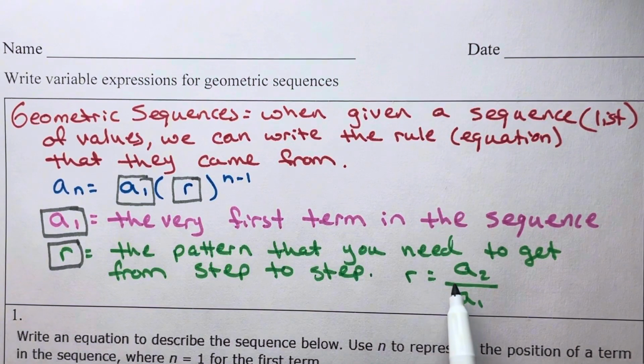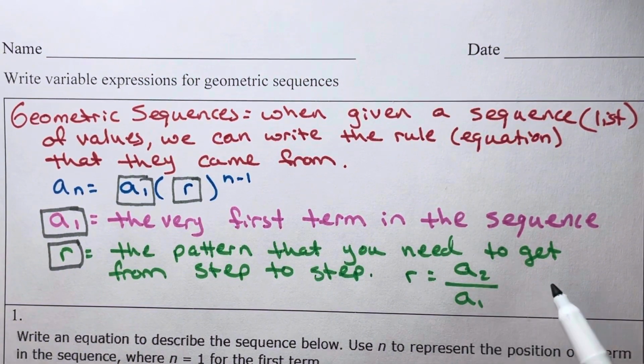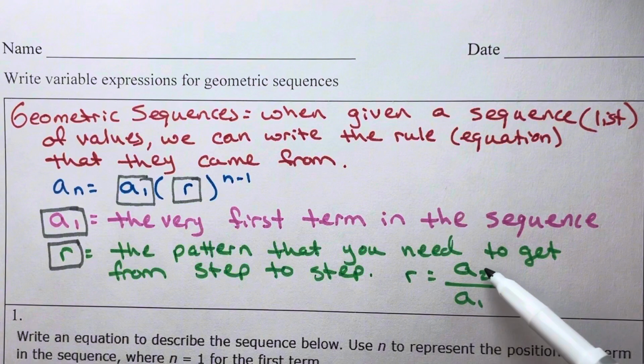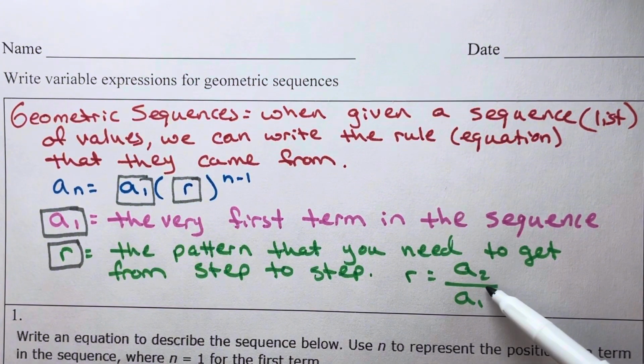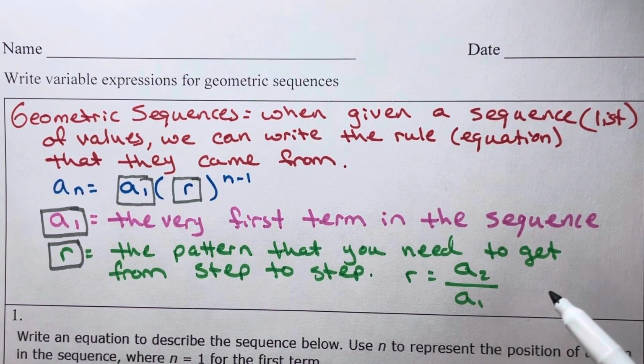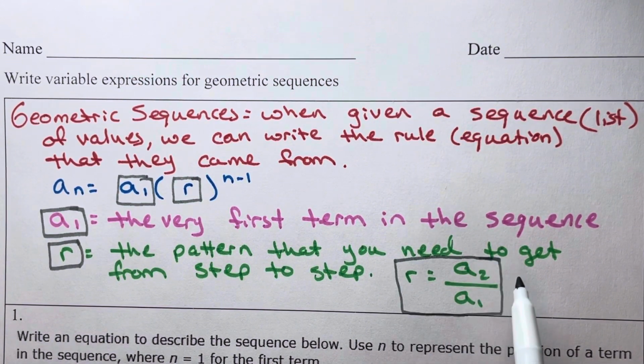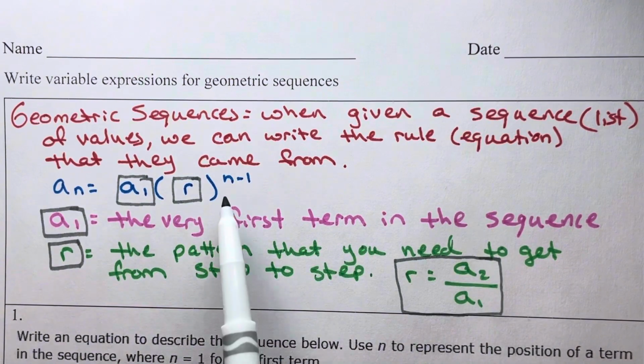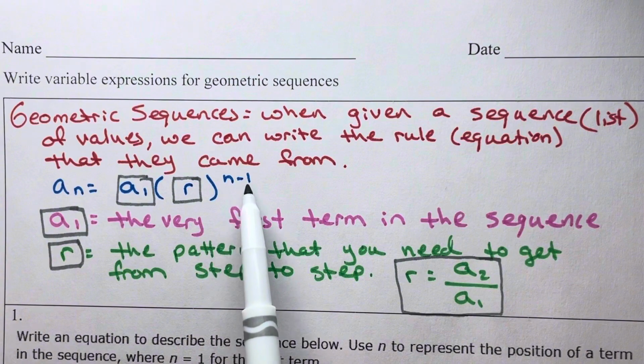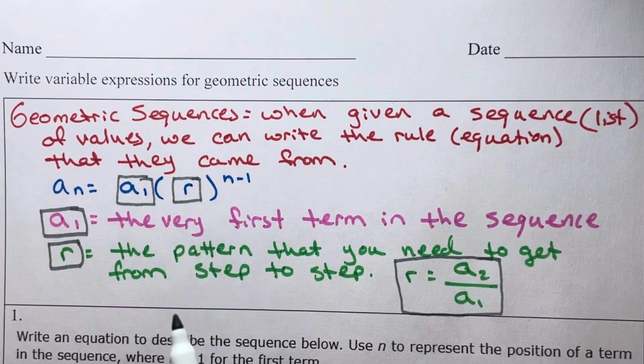For a geometric sequence, that pattern comes from the ratio that you get by dividing the second term by the first term. And if it can reduce, yes, you do, but that's r. And there will be no further simplification as our variable is up in the exponent. So this is going to be a very quick and friendly lesson.